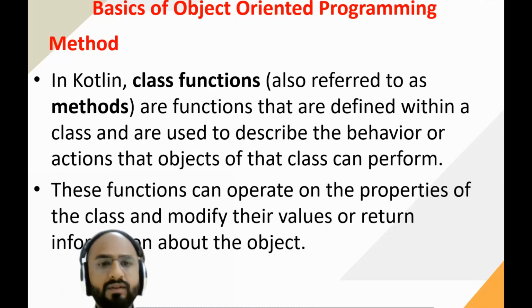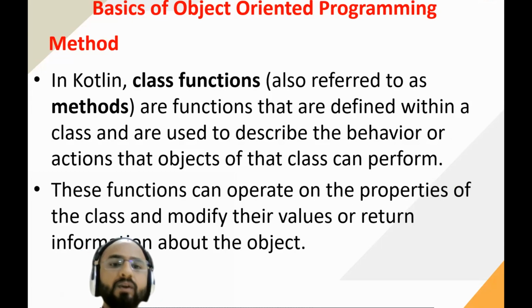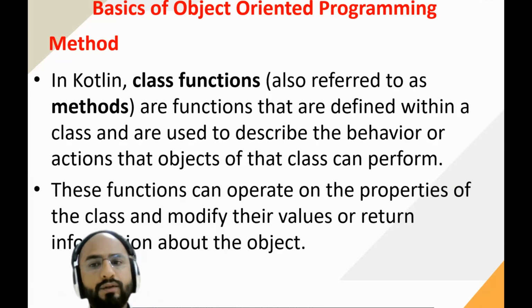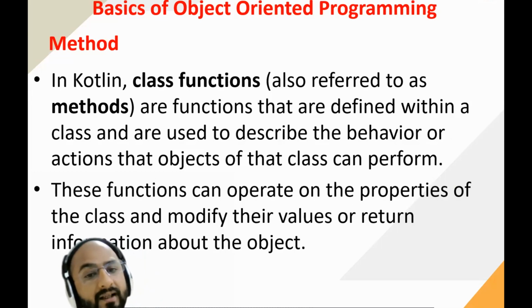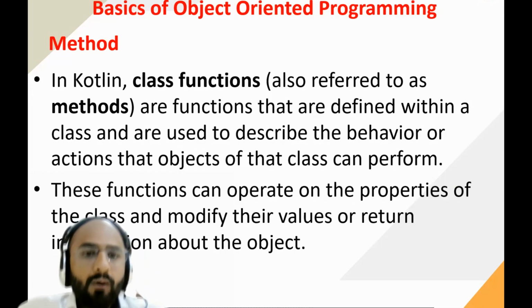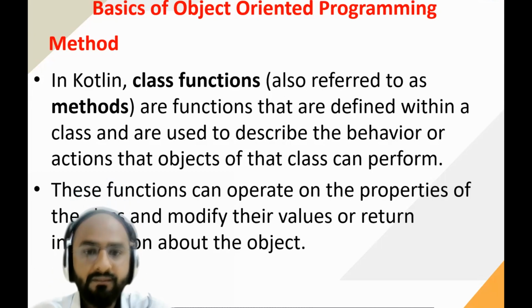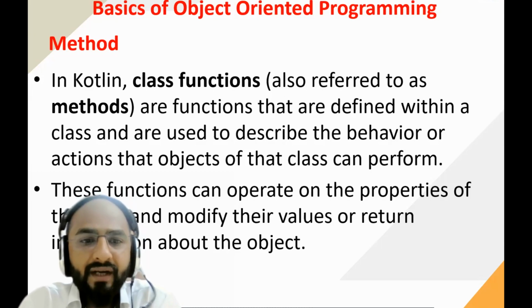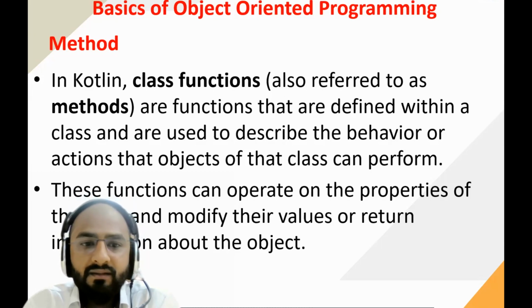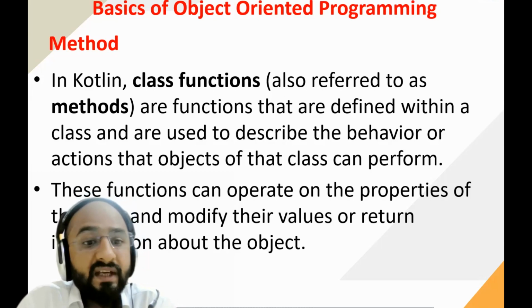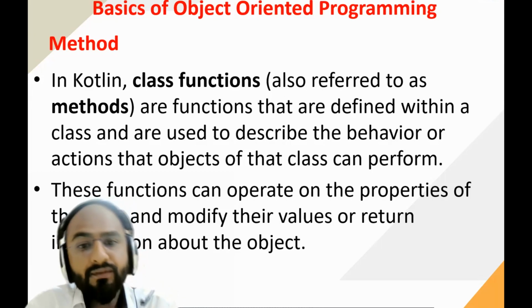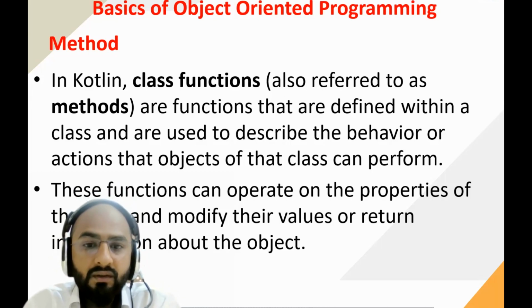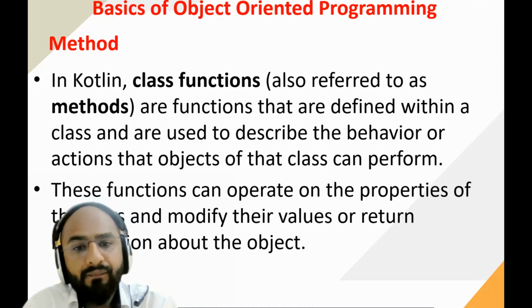Now let's discuss methods. In Kotlin, a class function is also referred to as a method. If you are creating a function in a class, that function is called a method in object-oriented programming. A method is a function defined within a class and used to describe the behavior or action that an object of that class can perform.